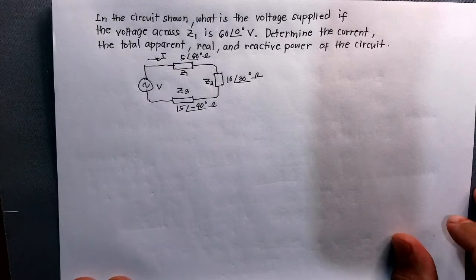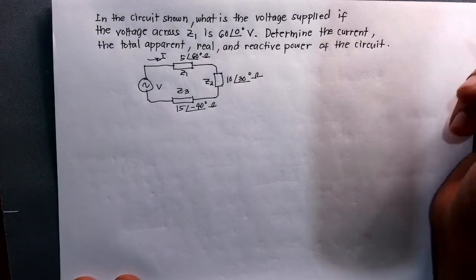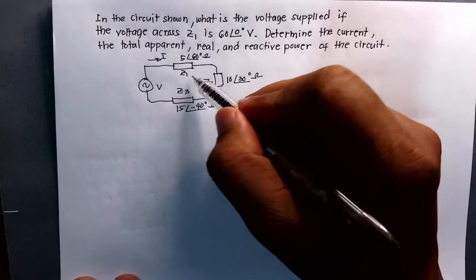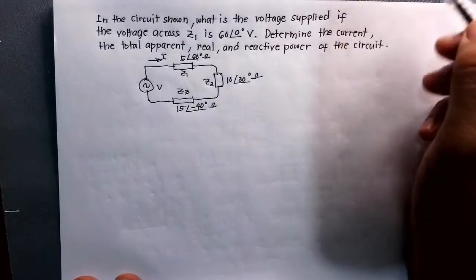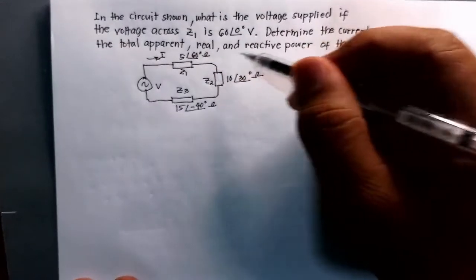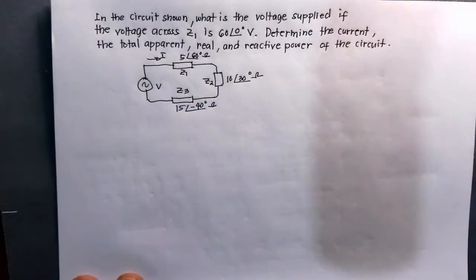Circuit problem with impedances, and according to the problem, in the circuit shown, what is the voltage supplied if the voltage across Z1 is 60 cis of 0 degree volts. So determine the current, the total apparent, real, and reactive power of the circuit.